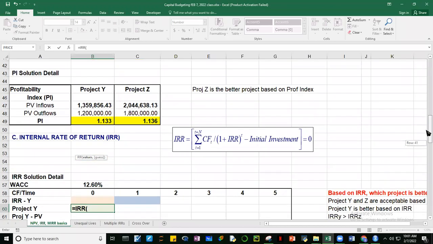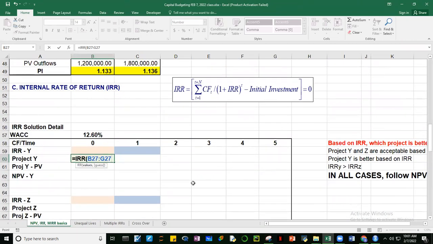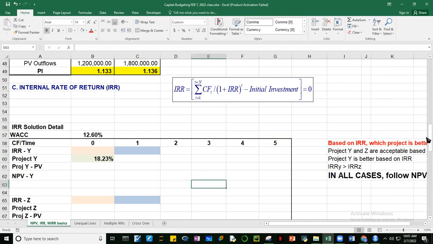And for IRR, you get all the cash flows of project Y. Okay, there. So I highlighted all the cash flows of project Y. Okay, and ignore the guess. So let's make this percent. Okay, so the IRR of project Y is 18.23.